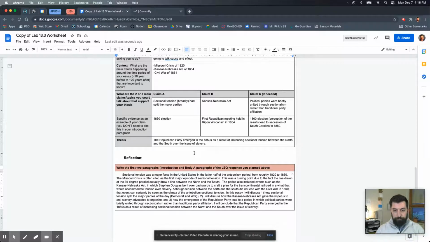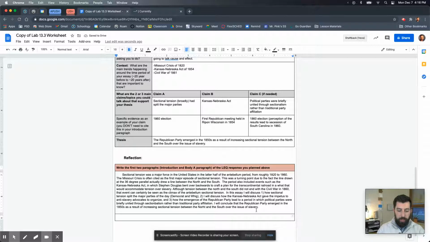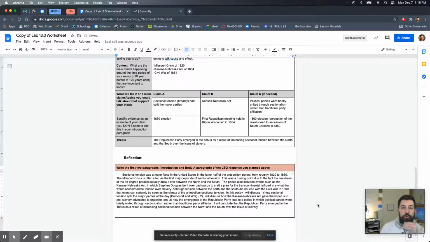So the next thing that you need to do in a 5-paragraph essay is transition into your first paragraph, right? Your claim A is going to become your first body paragraph, your claim B becomes your second body paragraph, and your claim C becomes your third one if you have time for that. Your body paragraphs are actually really simple.